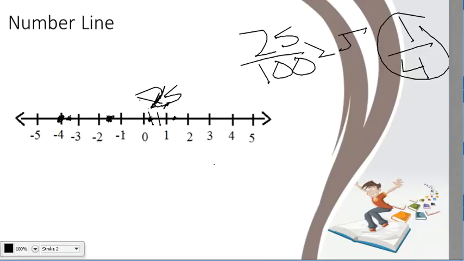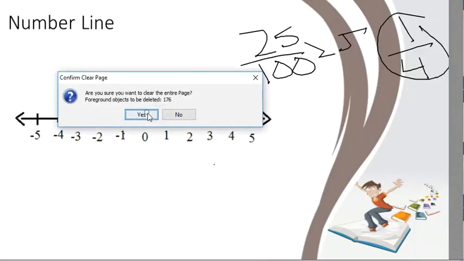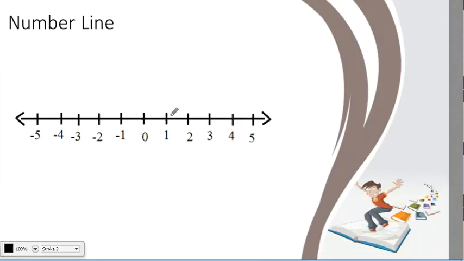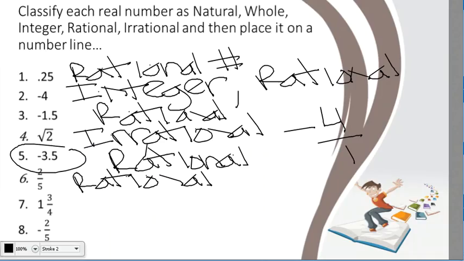I'm going to go ahead and clear all these other ones out here. Okay, so 2/5, that means we would want to divide from 0 to 1 up into 5 pieces. 1, 2, 3, 4, 5, and then 2/5 would be right here. Okay, that would be 2/5. The next one, 1 3/4.